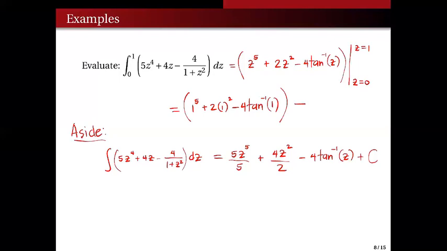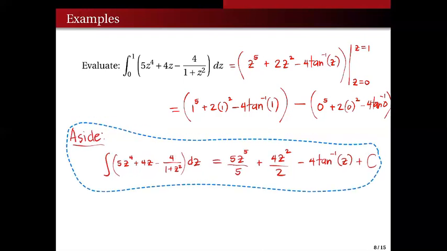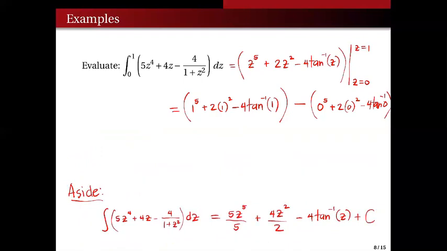Then minus z equals 0. So you have your 0 to the 5 plus 2 times 0 squared minus 4 tangent inverse of 0. Okay? So what happened here? This is actually your f of b minus f of a.